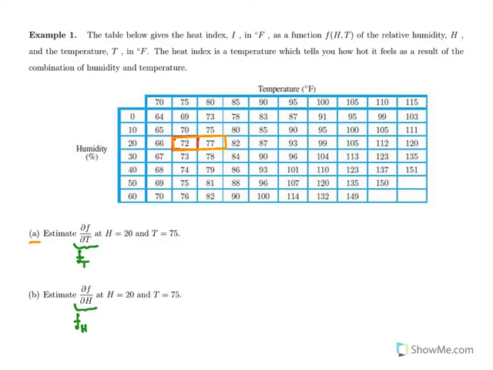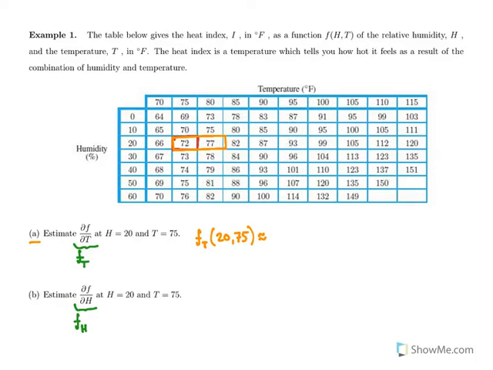So what we could do is use those values and say that the derivative at H equals 20 and T equals 75 is going to be about the change in the function value over the change in the input, the change in the output over the change in the input.